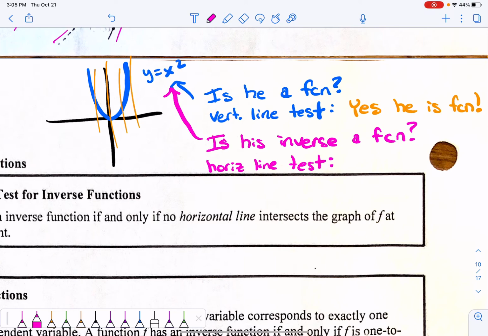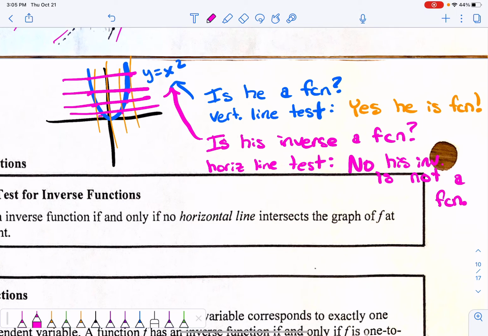When I do the horizontal line test, I notice that it's hitting at multiple places along this graph. So the horizontal line test says, no, its inverse is not a function. I hope that made sense. You do the vertical line test to see if the original is a function, and you do the horizontal line test to see whether its inverse is a function or not.